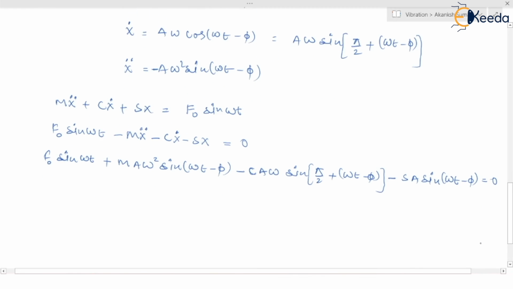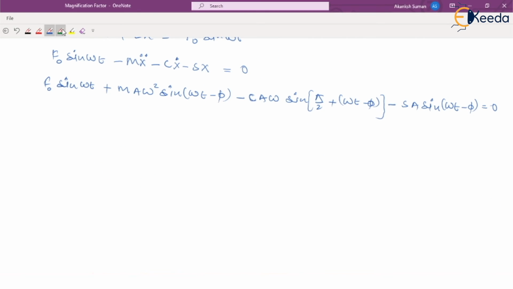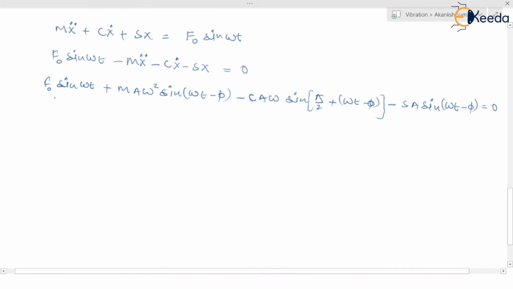Now we will understand these equations. See here, this is F naught sin omega t. When you focus on F naught, it represents the maximum unbalanced force value. This is F unbalanced, we have already seen it before. That is the maximum value. Similarly, when sin(omega t minus phi) is equal to 1, that is the maximum value, so you will get m a omega square. That's why this represents the maximum inertia force, F inertia maximum.